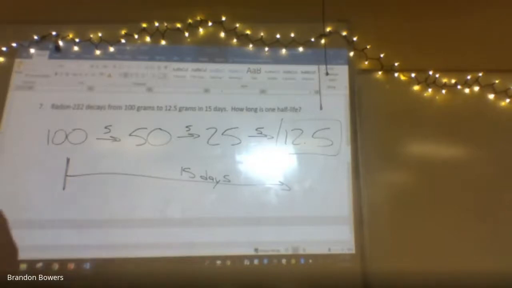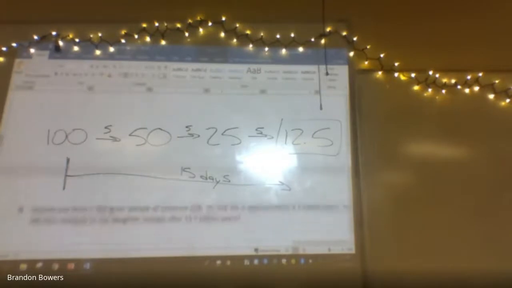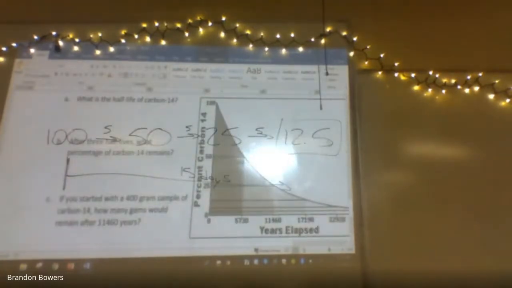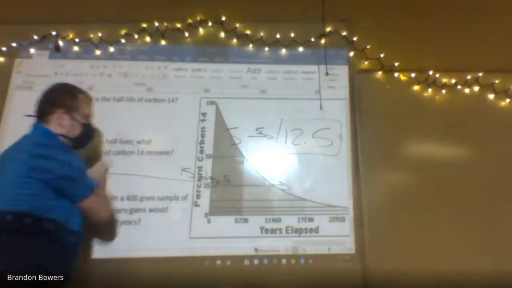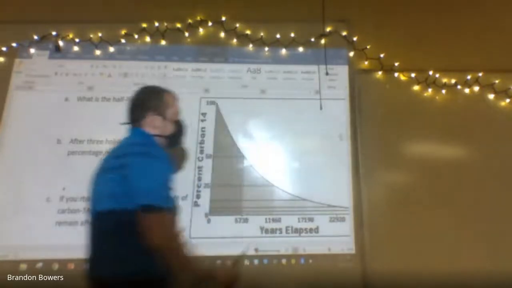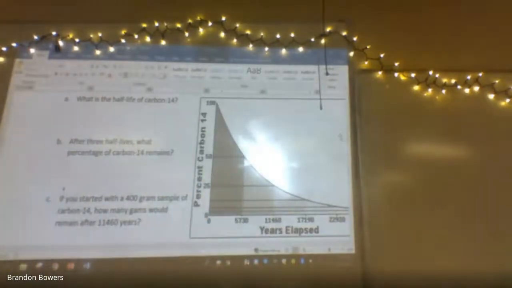I'm going to review just one of the graphs at the bottom here, because today we are going to be doing a little graphing. It says, what is the half-life of carbon-14?